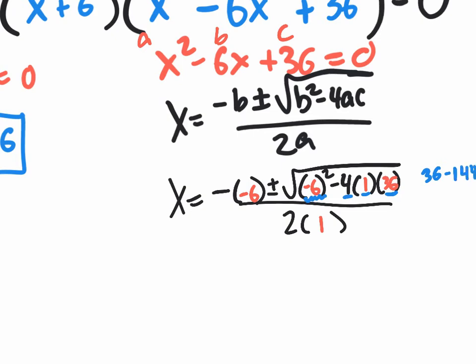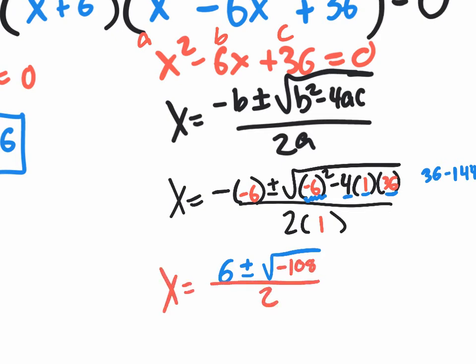It's negative 144. Okay. So what we really have is 36 take away 144. What's that? It's negative 108. Oh, wait, hold on. So let's rewrite our quadratic formula. You have a positive 6 plus or minus the square root of, we said it's negative 108, divided by 2.